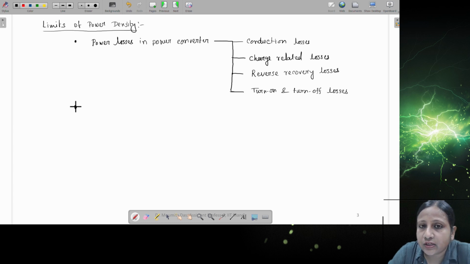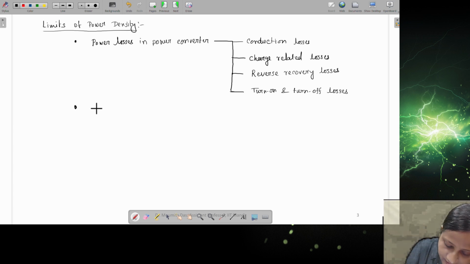So the heat generation in the system will be less, and so will the thermal related issues. If heat generation is more, obviously the properties of the devices will change, and again it will generate more heat, and eventually system breakdown will happen. So we have to manage these losses and generated heat properly so that it will not affect the system. The second thing is thermal management.